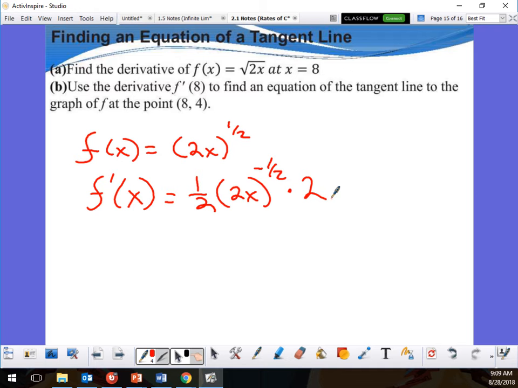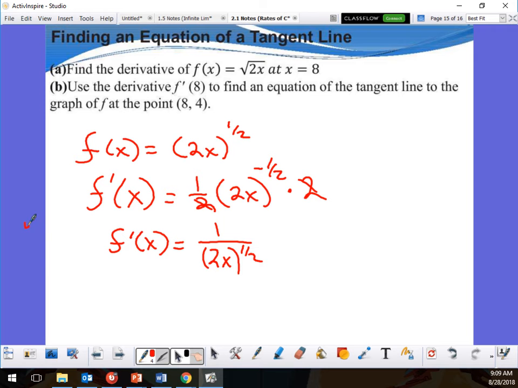So if I clean up, that goes down. So what's left on top? Okay, so f prime of x is equal to 1 over 2x to the positive 1/2, because that goes down, right? Yes. Now we're plugging in x equals 8.